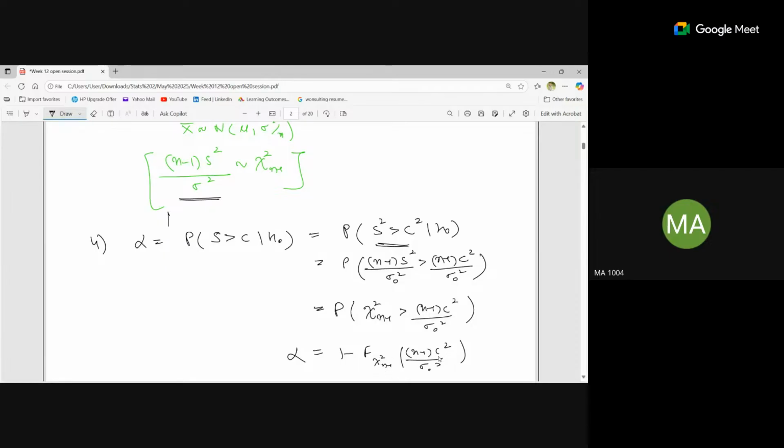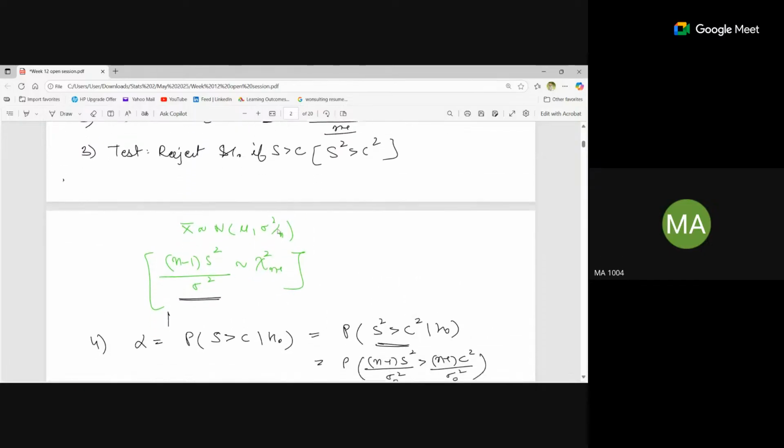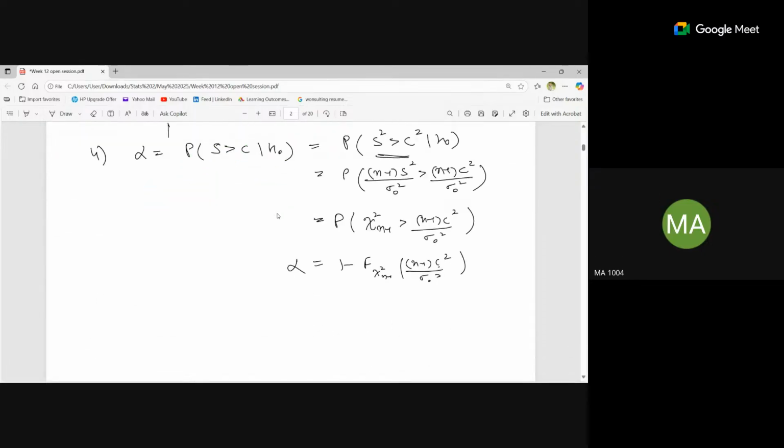Then I can find the values for the chi-square distribution with n minus 1 degrees of freedom, and then I can find the value of C. So the main thing is you have to remember which form is following which distribution. So the t test and the chi-square test are fine.